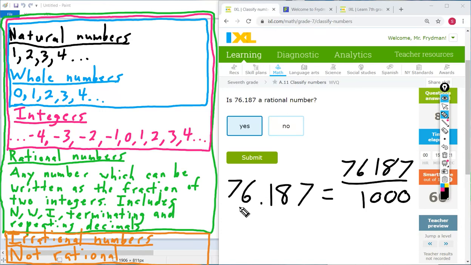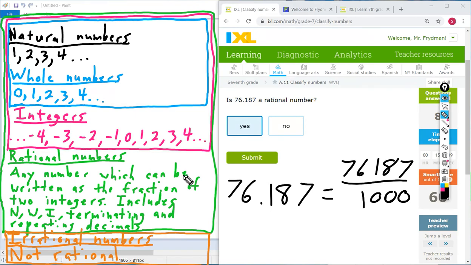So I can write this number as the fraction of two integers. This is an integer. This is also an integer.